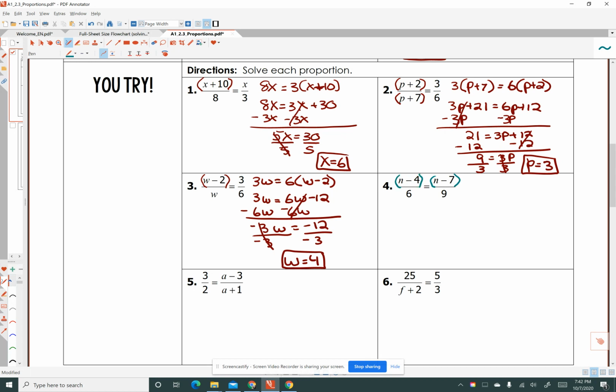Okay, now we have 6 times the quantity of n minus 7 equals 9 times the quantity of n minus 4. After we distribute, we have 6n minus 42 equals 9n minus 36. And I'm going to move the 6 n's to the left.